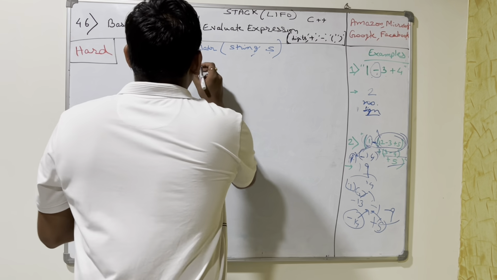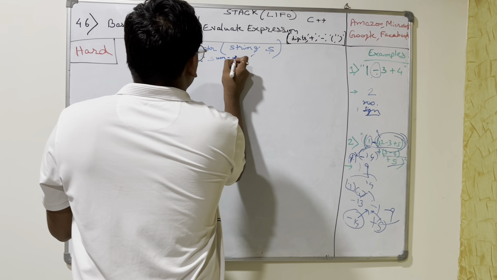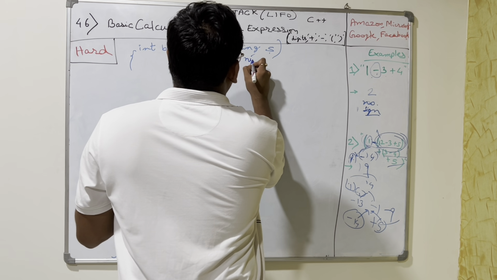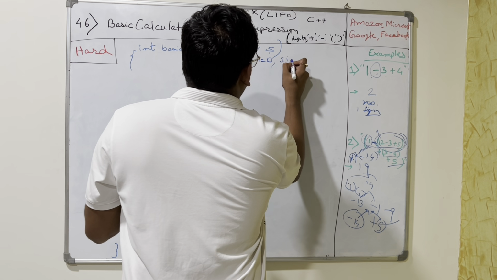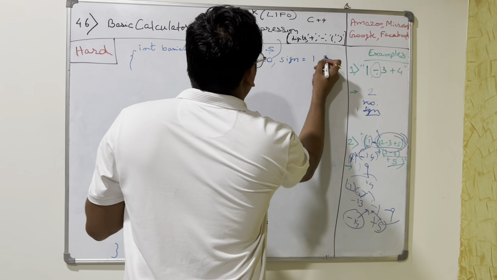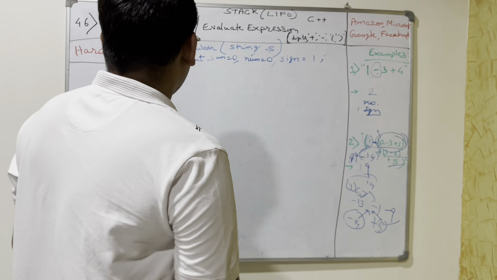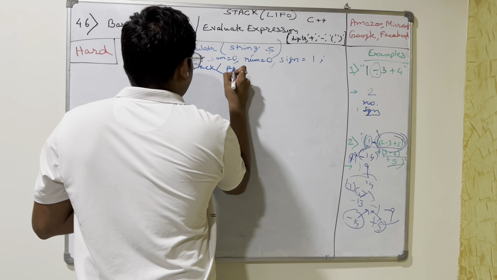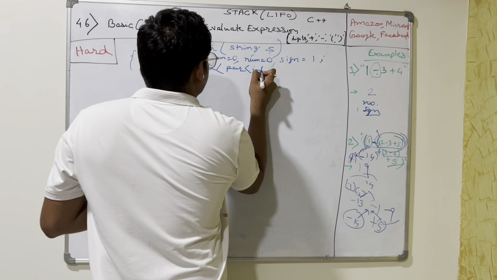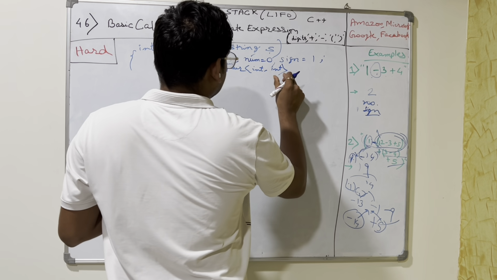So what we'll have is an int sum equal to 0. We will have a num. We will evaluate the digit, and we will have a sign as 1 by default. If it's positive, we will take it. So these 3 variables we will have. We will have a stack, and we will take a pair of int in the stack, since we will store the number as well as the sign.